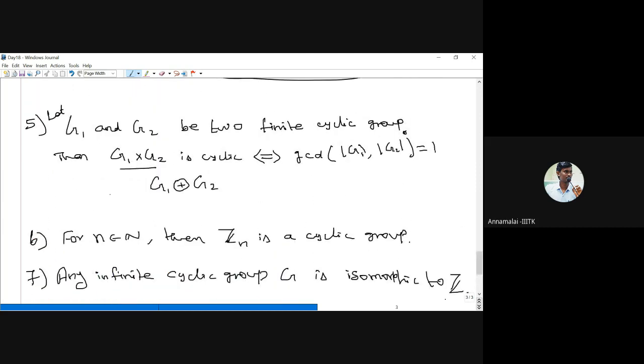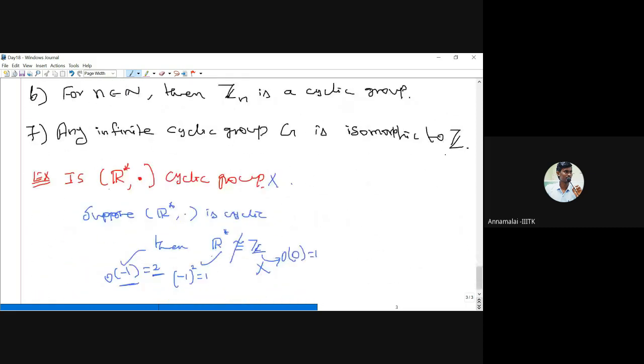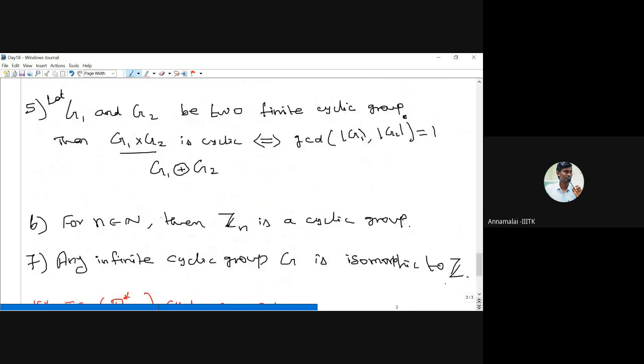So therefore, the Cartesian product of two cyclic groups is cyclic if and only if the orders of both the groups are relatively prime. Okay. Now we compare the fifth point and then the sixth point. Now we know that Zm is always a cyclic group.